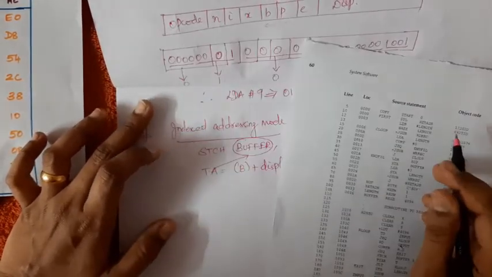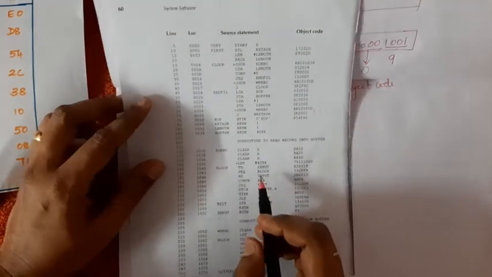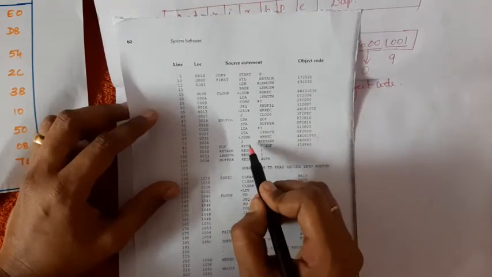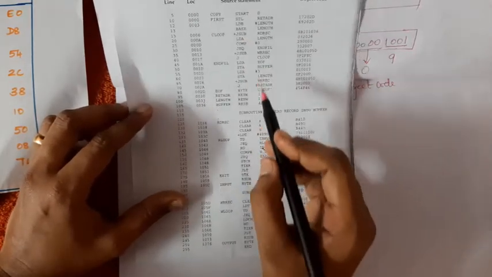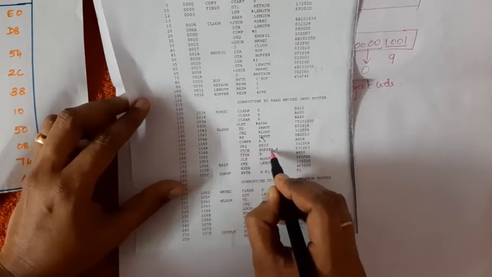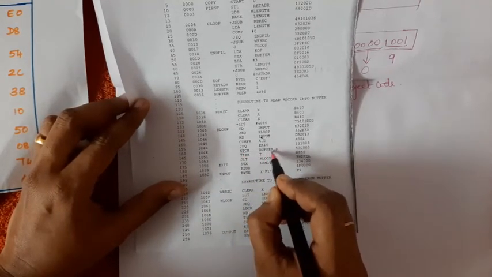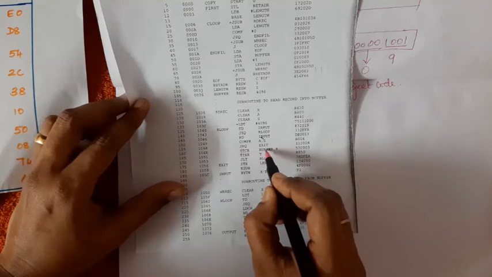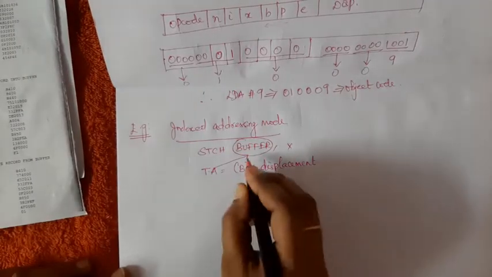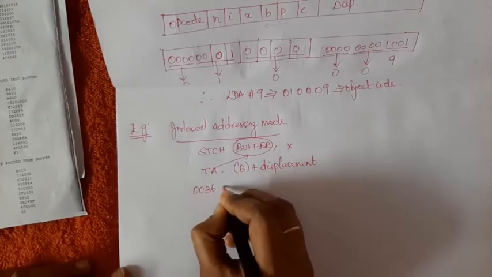What is STCH BUFFER,X? Here, STCH BUFFER,X. The target address of BUFFER would be 0036. So we write that the target address of BUFFER is 0036.